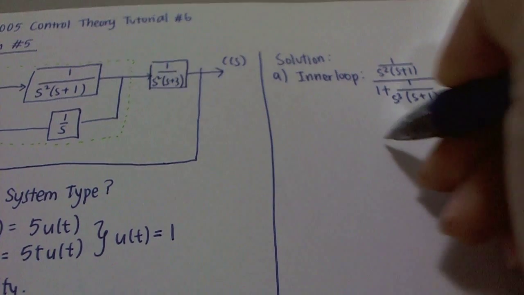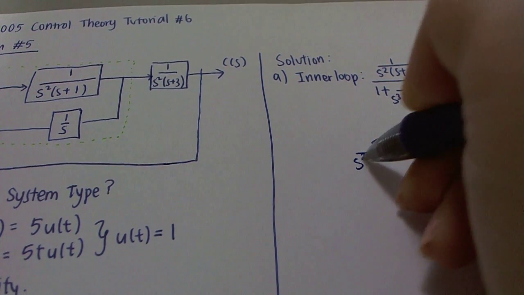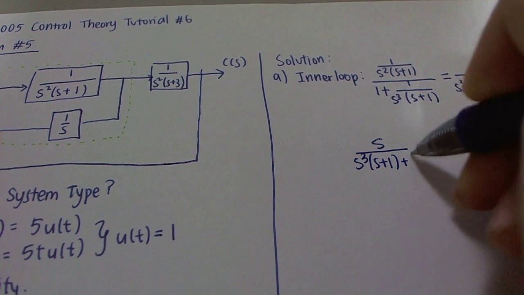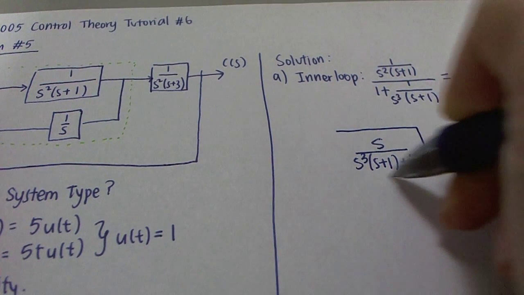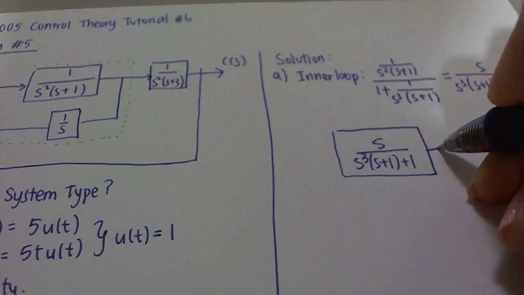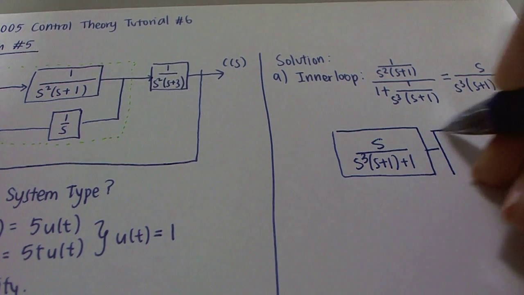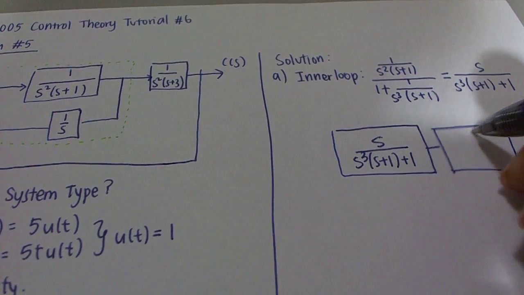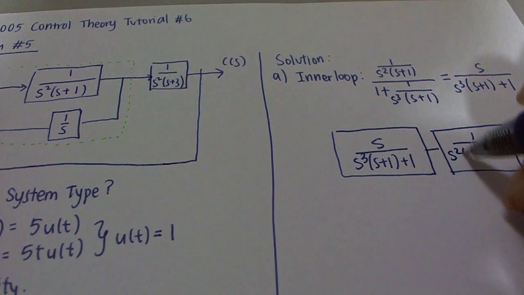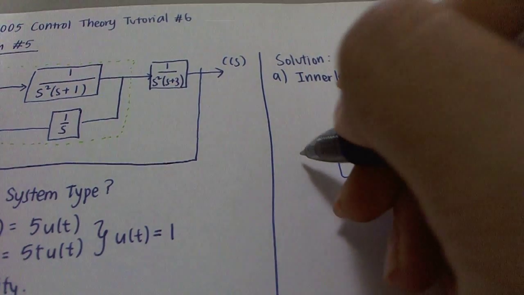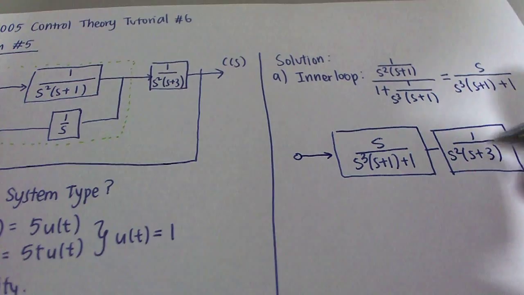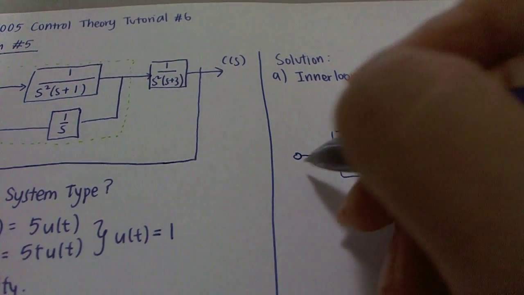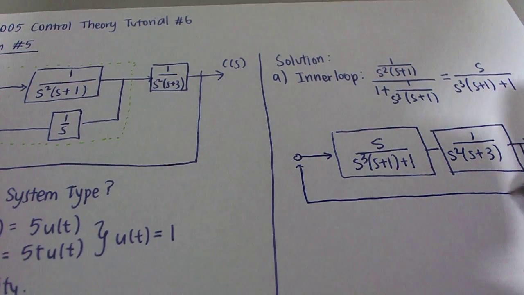So I have s over s cubed multiplied by s plus 1 plus 1, and then this is connected to the second block, this block, 1 over s squared multiplied by s plus 3, and then we have a negative unity feedback on top of each other.